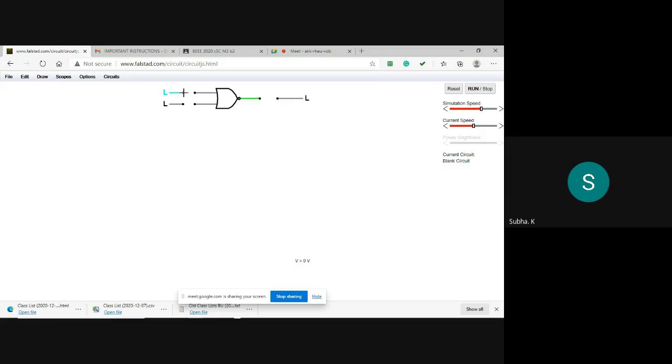Somebody tell me what is the truth table for the NOR gate. This is the NOR that I am trying, so it will be inverting the OR, logical addition. Again, I am copying and I am pasting it 4 times to verify the truth table.